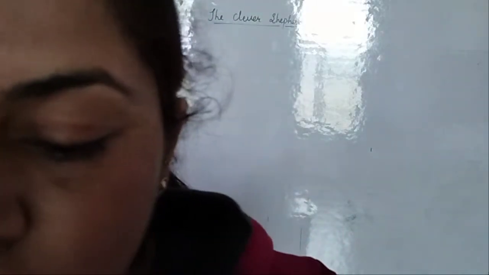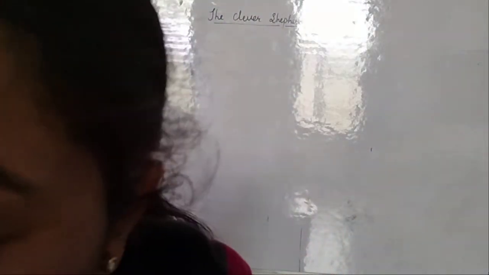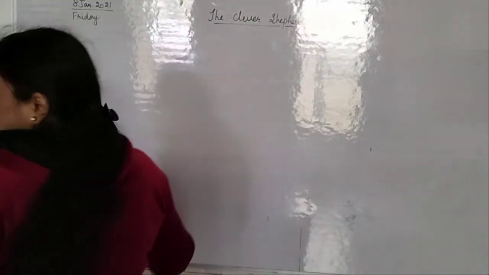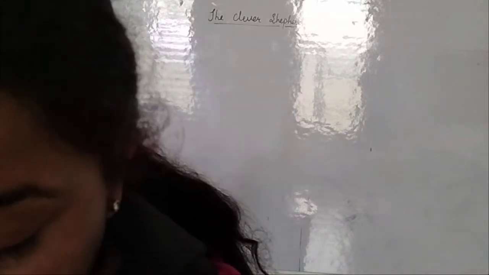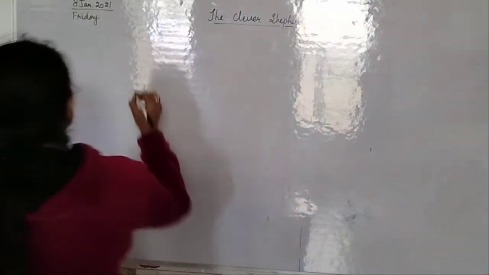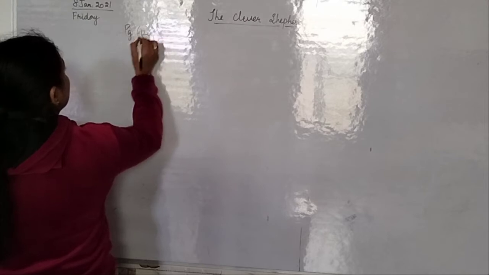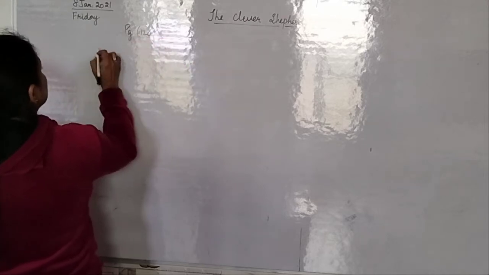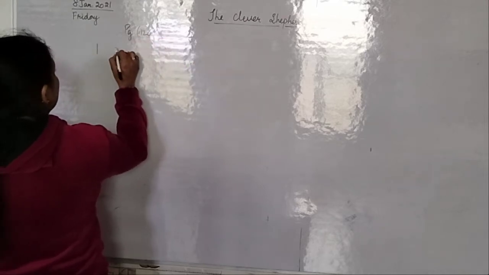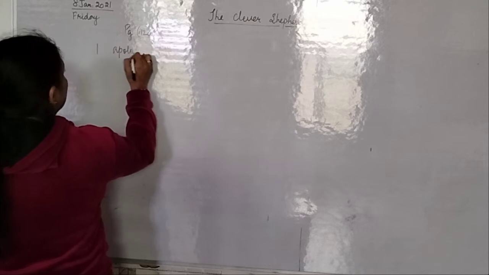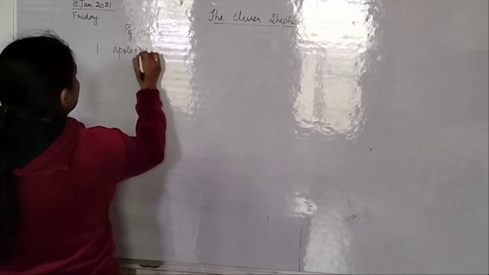King John must apologize. This is page number 120. Okay. So the first fill-up is apologize for.